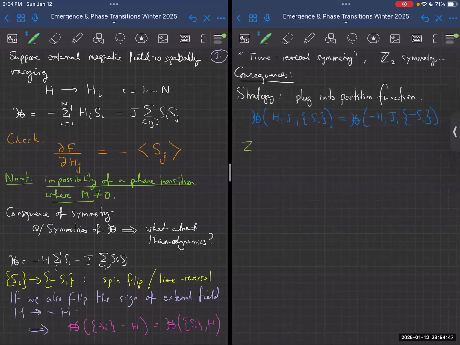So I can say, well, if I take the partition function and I reverse the sign of h, so my partition function is going to be then the sum over all the degrees of freedom. I'll write it like that. E to the minus beta H, and then minus h in here, J, and then my si's. So that's all it is. All I've done is focus on the first term, the h.